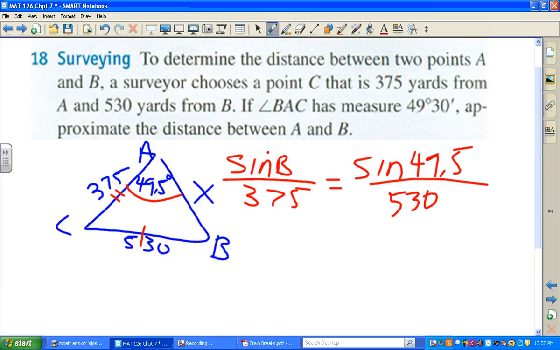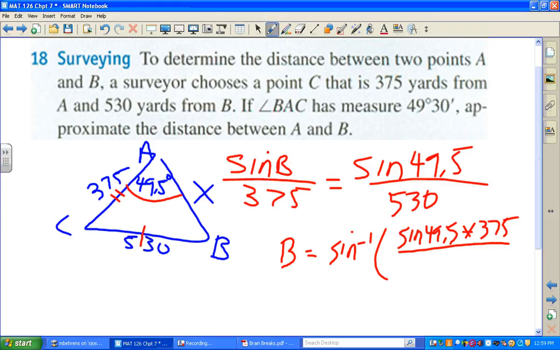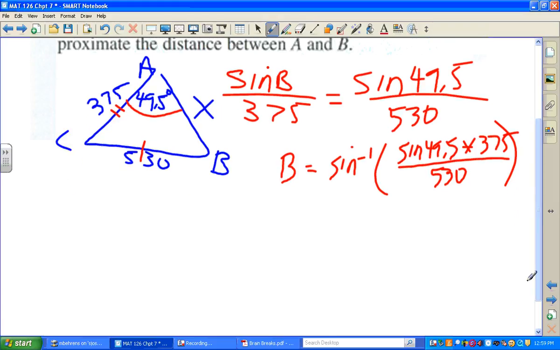And we should be able to stick with the acute angle. All right, what do you get? 32.5? All right, so B is 32.5.